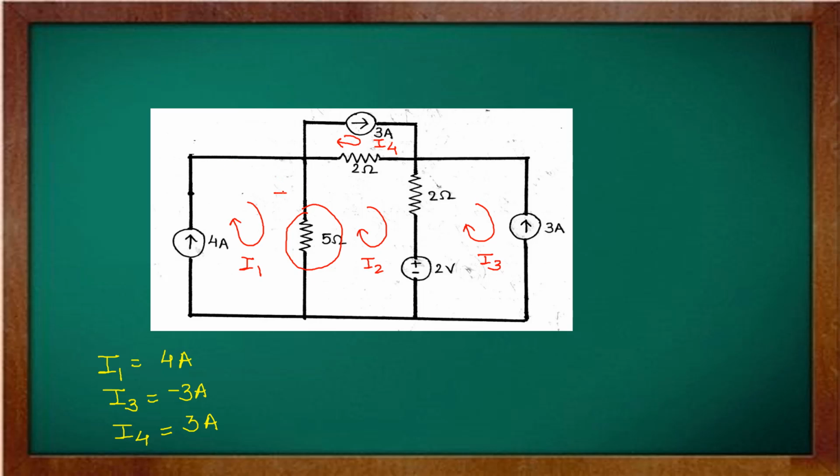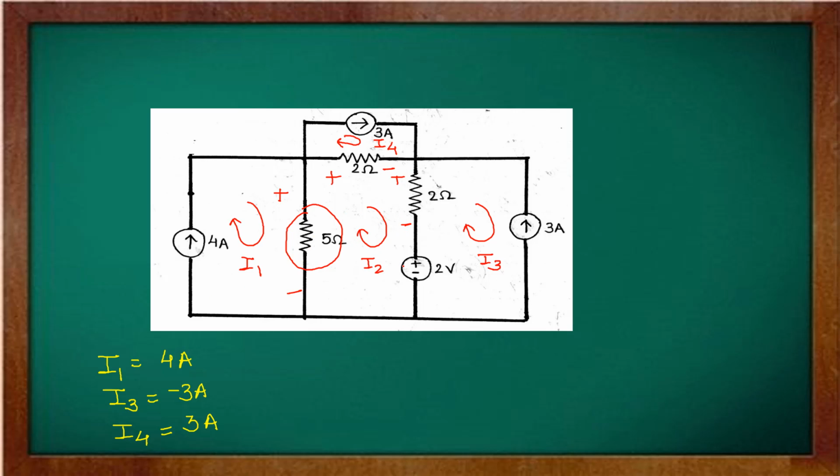I1 is flowing in this direction, so plus minus. I2 is flowing in the clockwise direction, so plus minus like this. This is the polarity of the voltage drop. How we put the polarity of voltage drop, for that please watch my video 1 of mesh analysis part 1. If you want, I'll put the link in the description box.